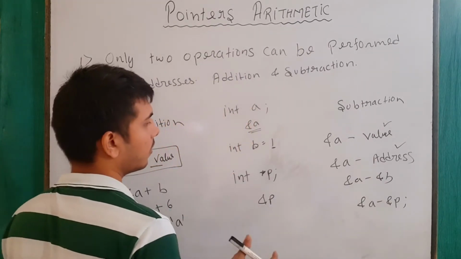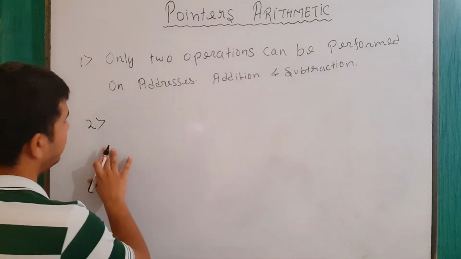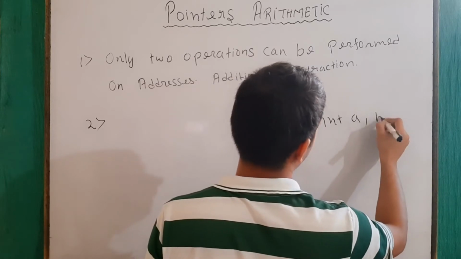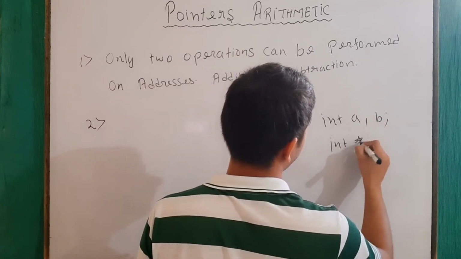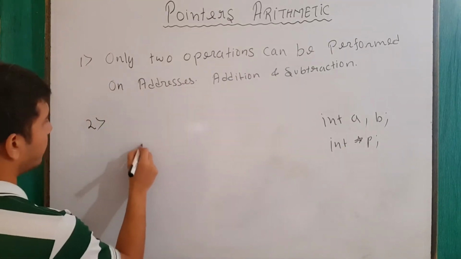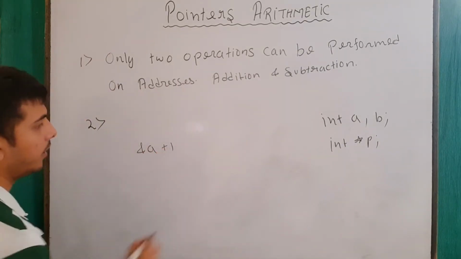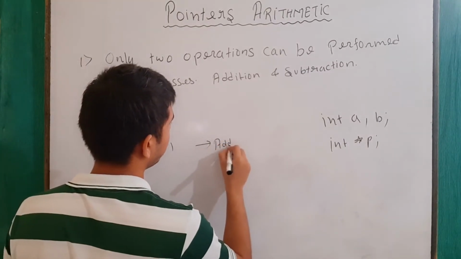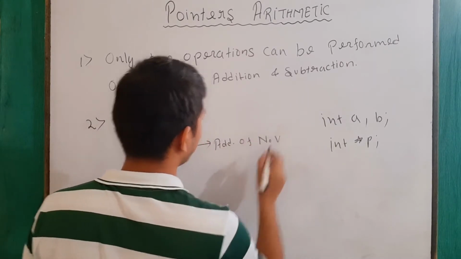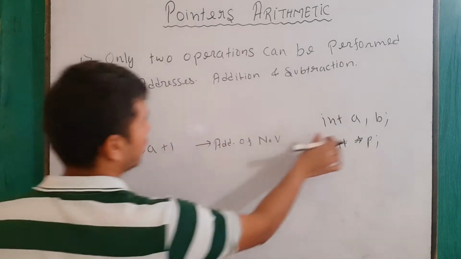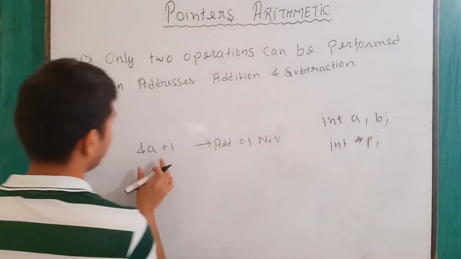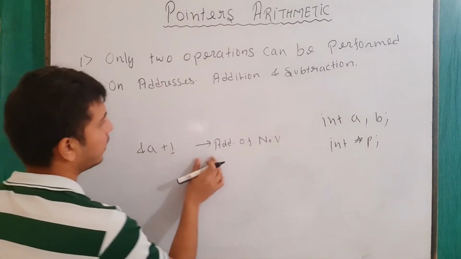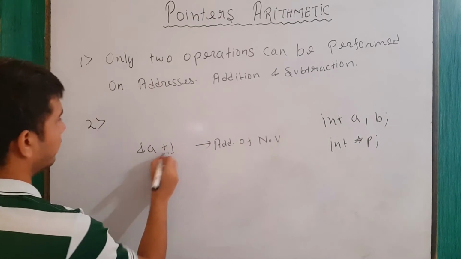Now let's talk about another point. Let's try to understand point number 2. Let's say there are variables int a and b, and also a pointer variable *p. Now if I do &a + 1, whatever its output will be, it will be treated as the address of a normal variable. Because a is a normal variable, whatever operation I perform here, plus or minus with a value, it will be treated as the address of a normal variable.